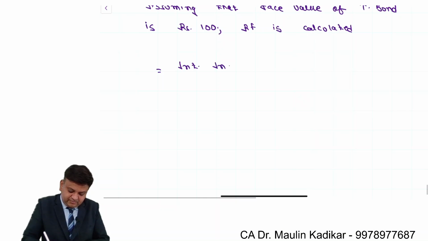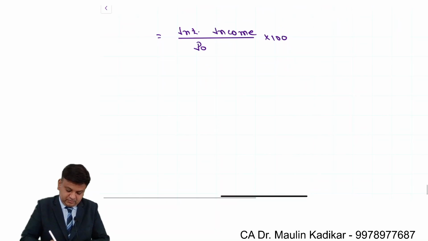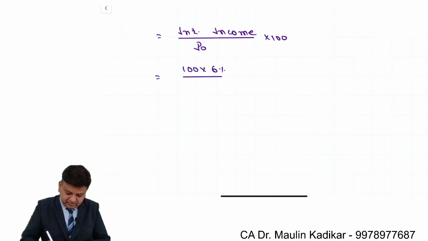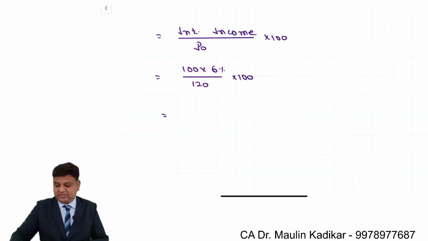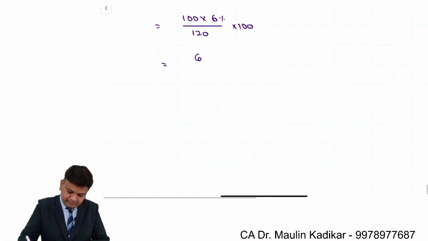So it is interest income divided by P0 into 100. So 100 into 6 percent divided by 120 into 100, for getting the answer in percentage. 100 into 6% comes to 6 rupees, divided by 120 into 100.